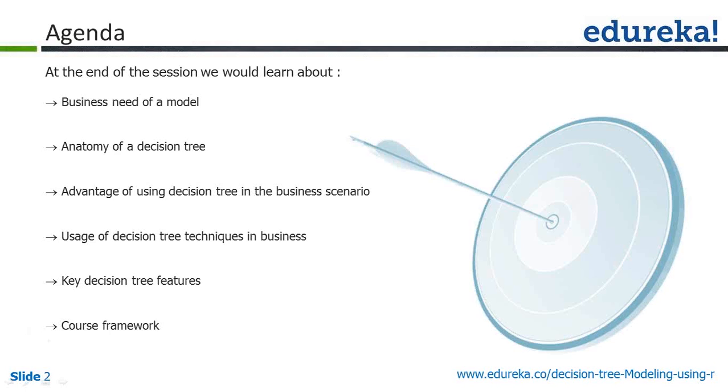First and foremost, why should we learn that? Then how do you use the decision tree technique in business? What are the key decision tree features? And at the end, we are also going to discuss the framework of this particular course, and what is getting covered in the course.